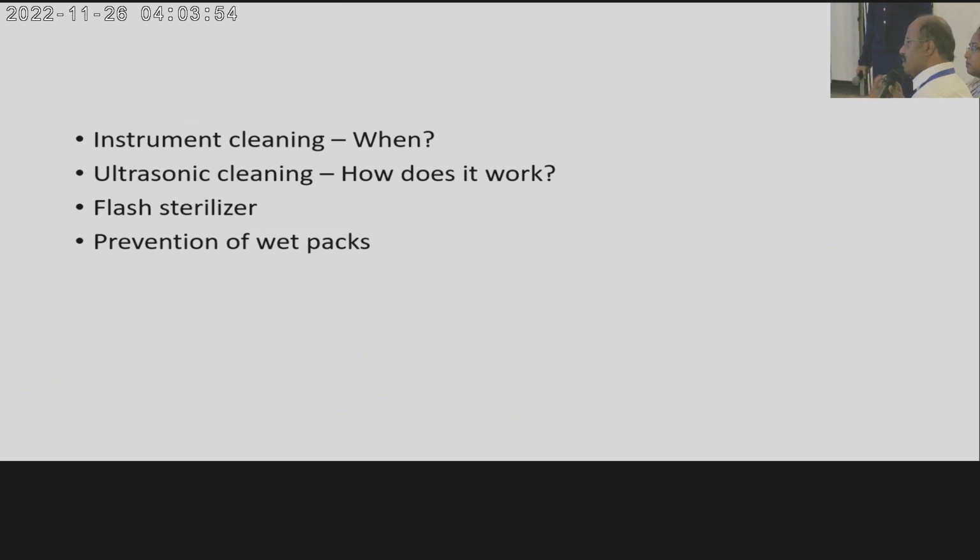If you clean it immediately, there is no need of ultrasound. Sometimes when we have an ultrasound, we think that everything is solved with that ultrasound. So don't take it that way, and definitely you should have an NH system.